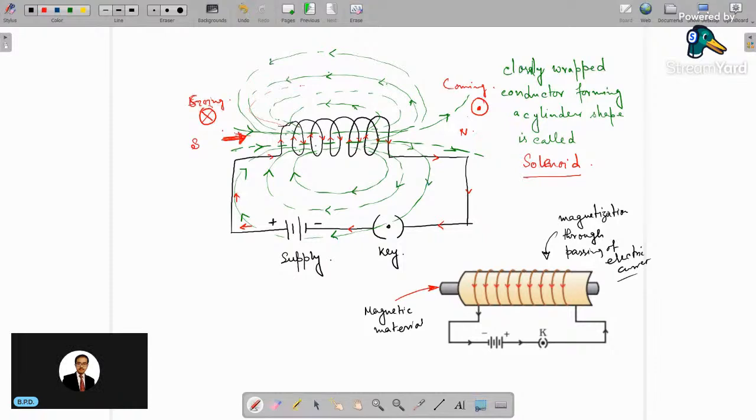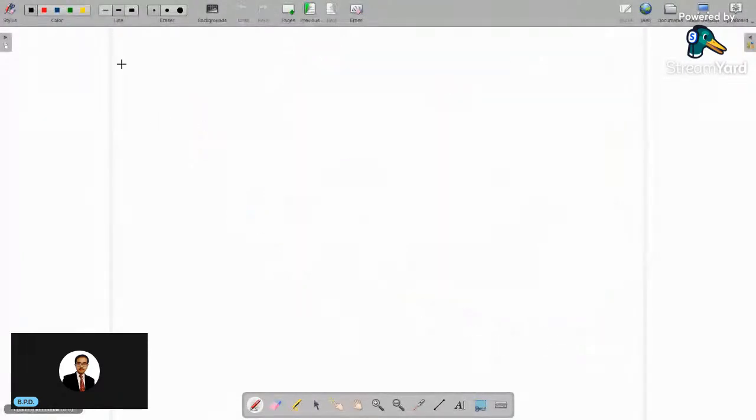So we will experience the force on a current carrying conductor, the force on a current carrying conductor.